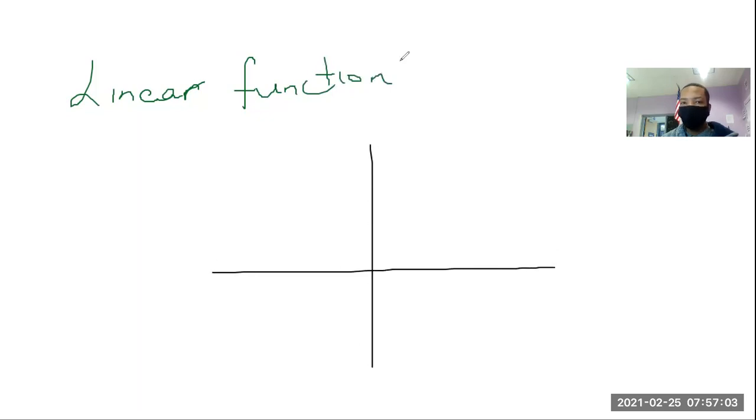So to figure out if something is linear, we basically say it's a straight line. A linear function, so I have my graph, looks something like this.